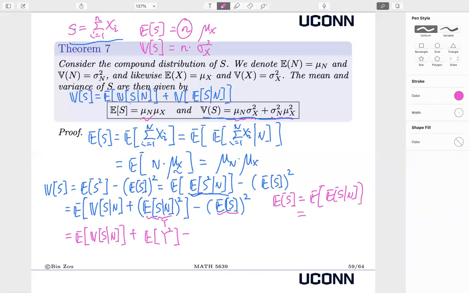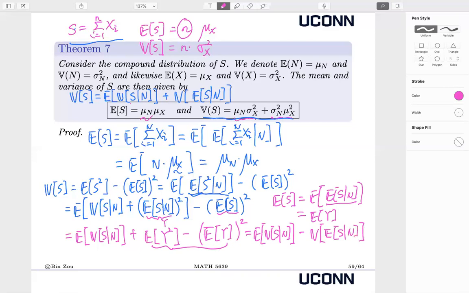According to my notation, the inside part is y. So I can write this as the expectation of y squared, right? So now you see this is the variance of y. And the variance of y is, well, now I write back the definition of y. So I just proved this very important result. Of course, we are one step away from that.